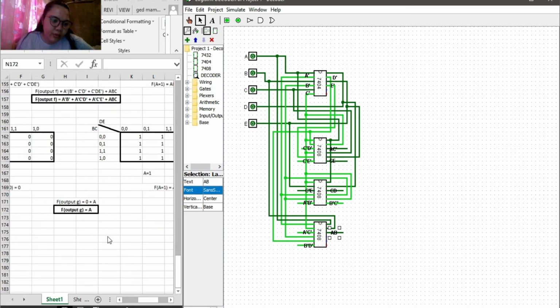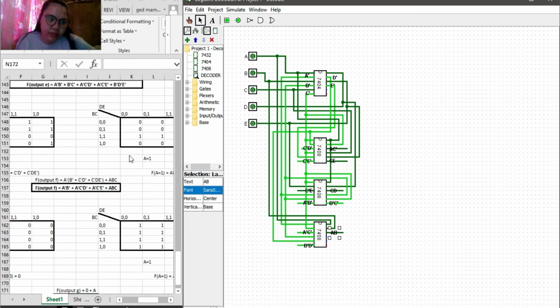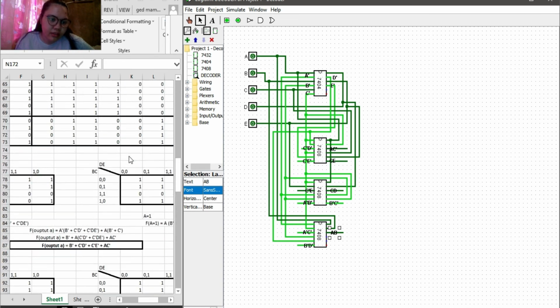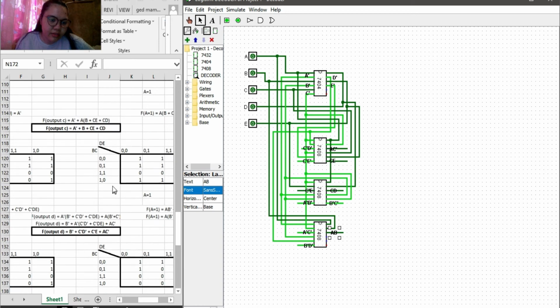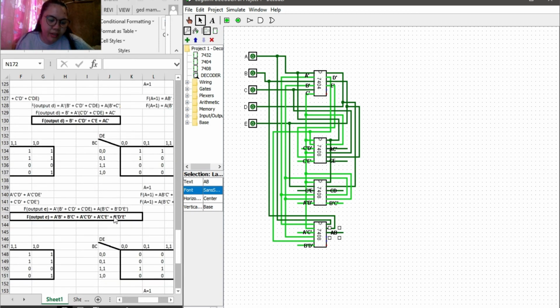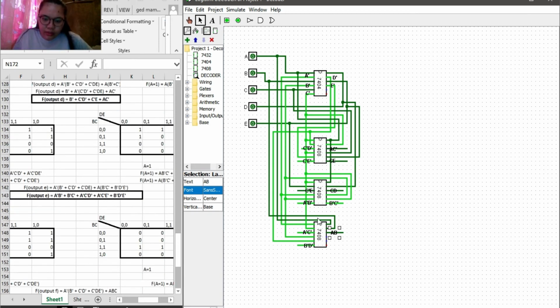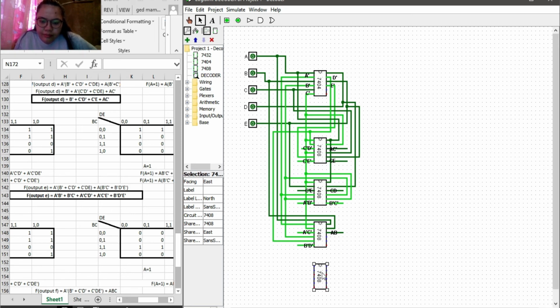Now that we're done with the two inputs that are ANDed, let's do the three inputs that are ANDed. We already have A naught and AC naught. Let's add another 7408 here, and then AC is ANDed with D naught.